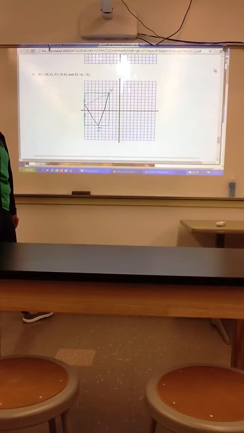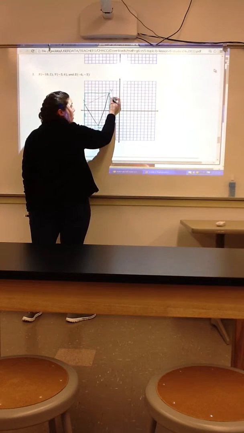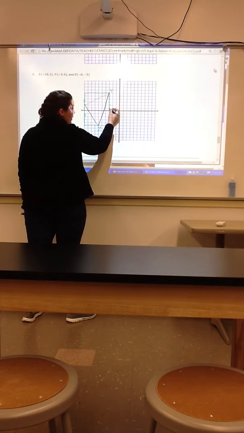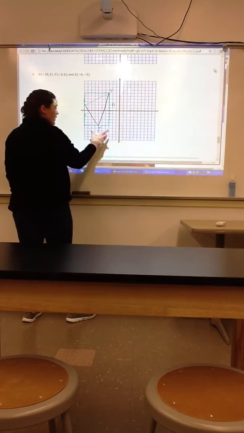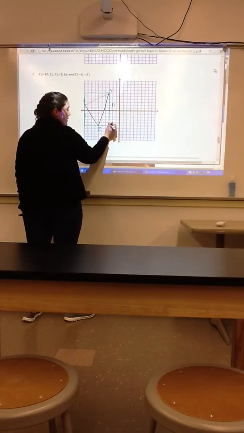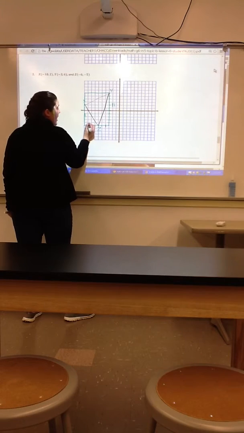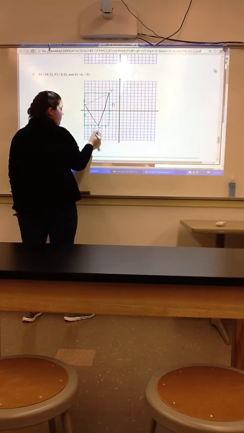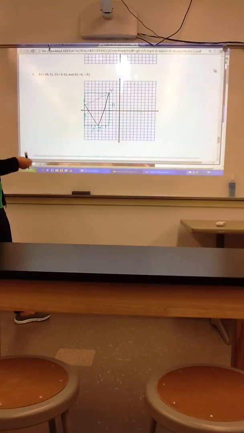To do that, I'm going to need to count my length and my width. 1, 2, 3, 4, 5, 6, 7, 8, 9, 10, 11. And down here, I start here: 1, 2, 3, 4, 5, 6, 7. So I know that my length and my width are 7 and 11.